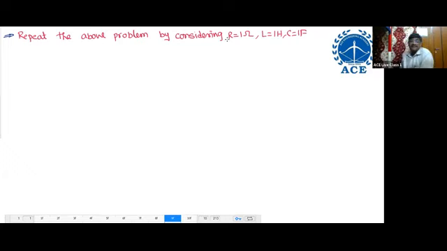Tell the answer. What is the transfer function? V naught of S by VA of S equals 1 by LC, so 1 by S square plus S plus 1. Now find the roots for this.